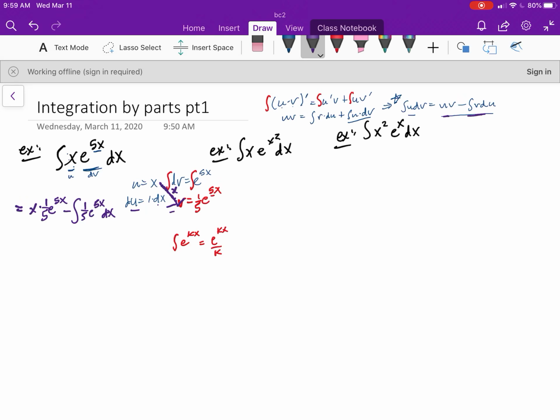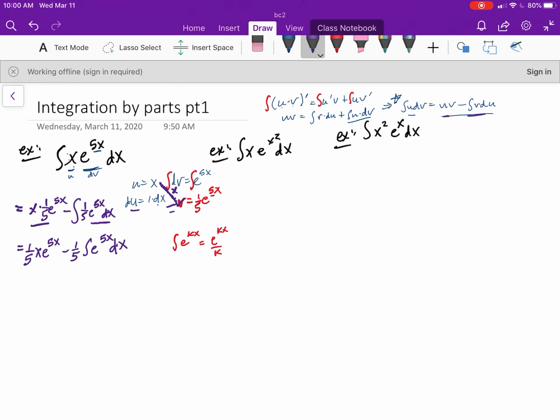Not really much we could do with uv here. You could write it as x over 5 if you want, but all I'm going to do is change the order just because constants are more common out front. Now the integral of this, we just did an integral of e to the 5x, so let's just remove the 1/5. This often comes up.